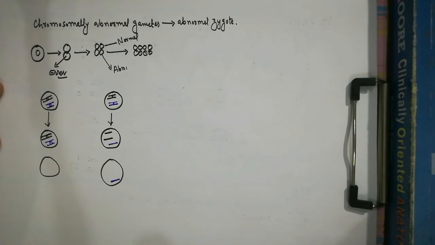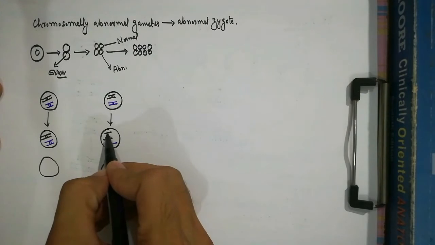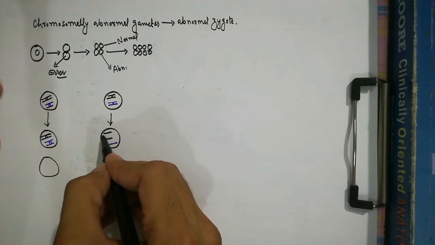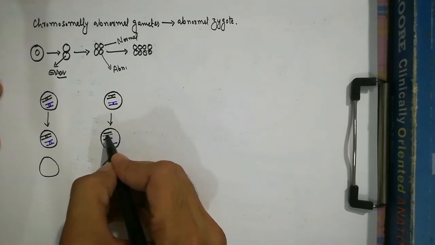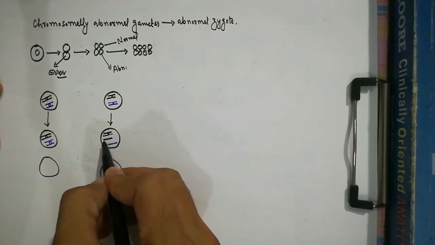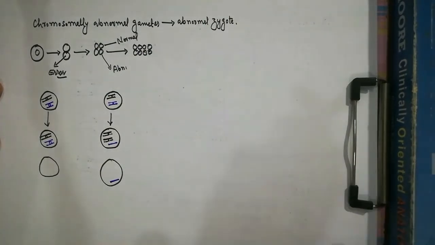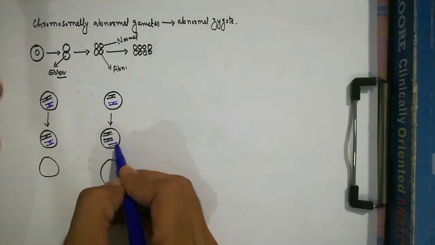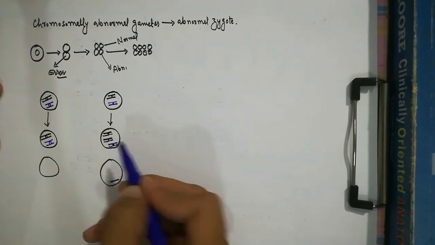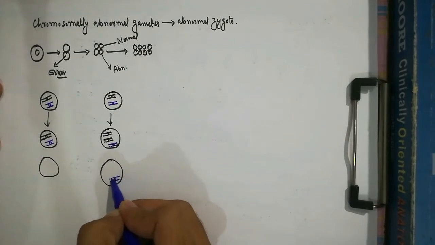And then these cells produce their sister chromatid during synthesis phase. This other chromatid is produced and the chromosome is completed, and here also, other chromatid is produced, and in this daughter cell in this way.